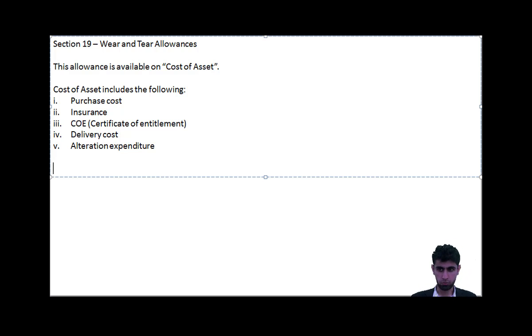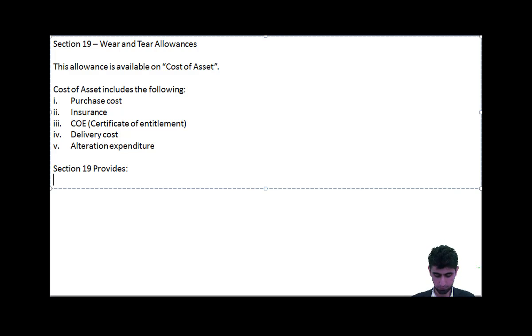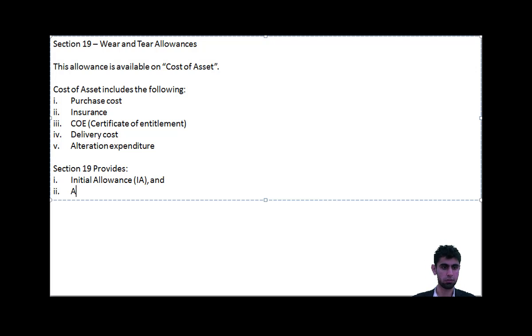Section 19 provides initial allowance, you call it IA, and annual allowance, AA. Now, initial allowance is available in the first year of purchase only.